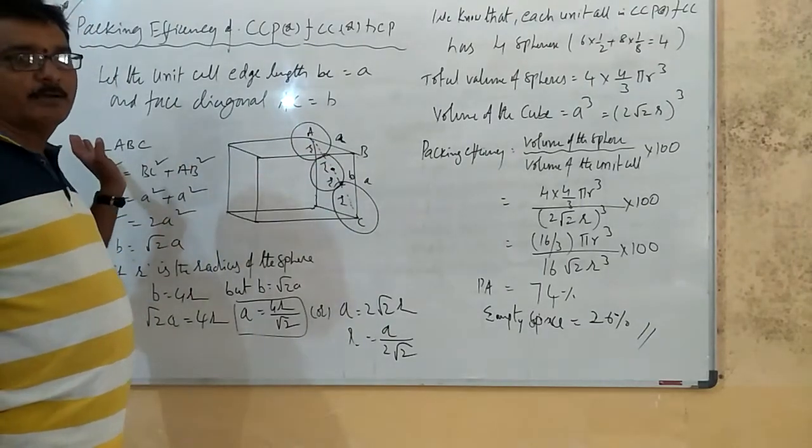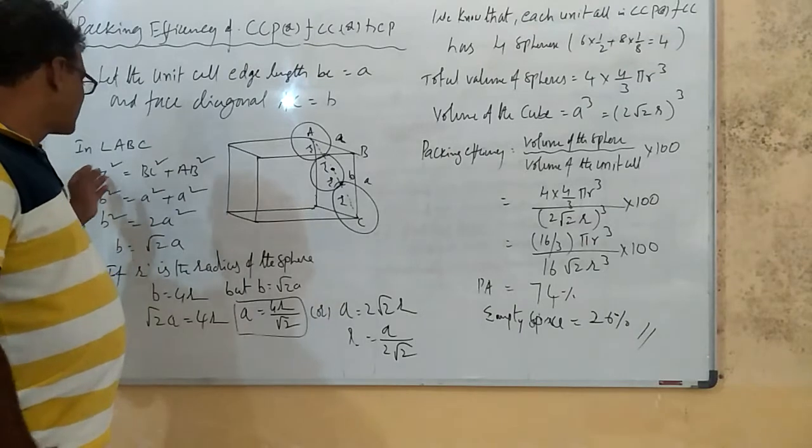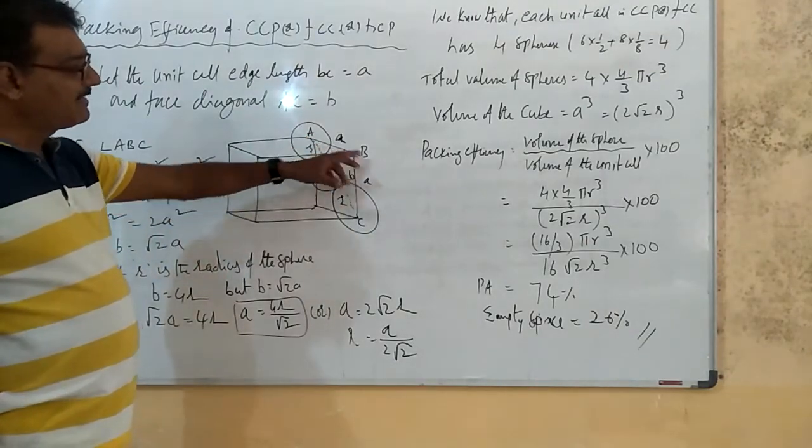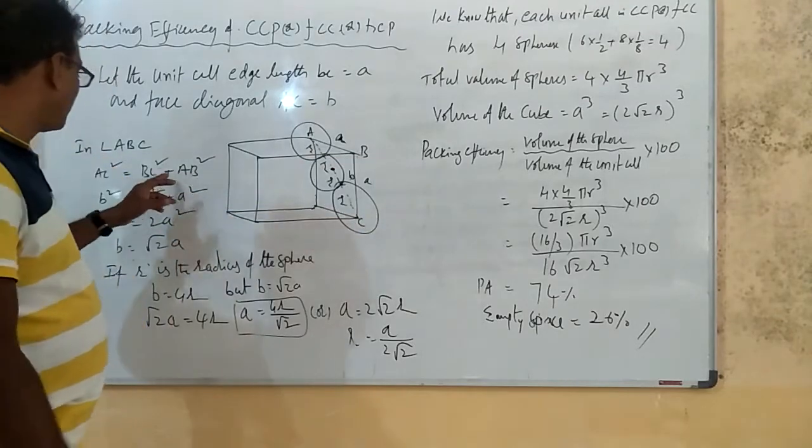So according to triangle ABC, AC square is equal to AB square plus BC square.